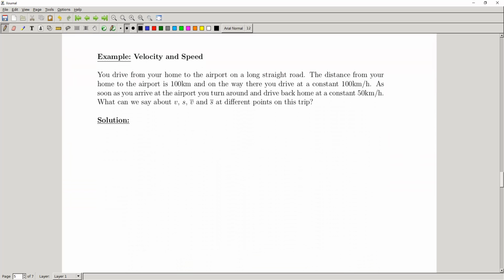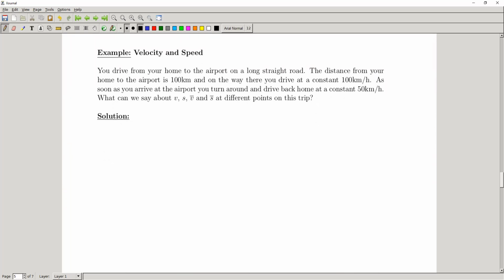Let's take a look at an example of the difference between velocity and speed. We're going to be driving a car to the airport along a long straight road. The distance from our home to the airport is 100 kilometers.